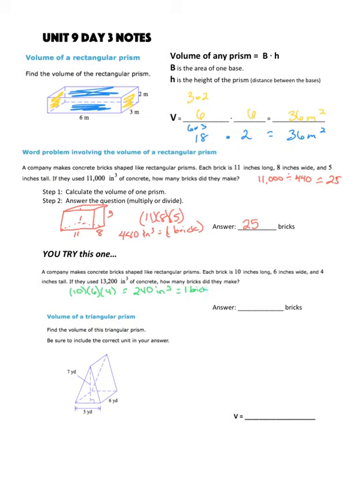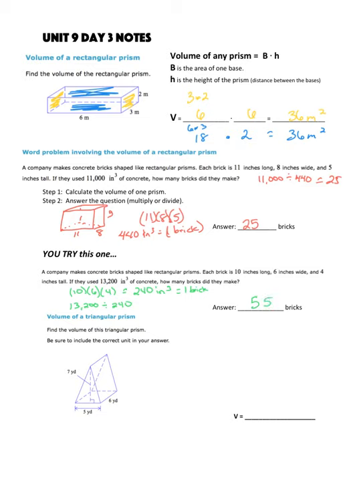So now we're going to find out how many bricks they could make. So 13,200 divided by 240. The answer is 55 bricks.